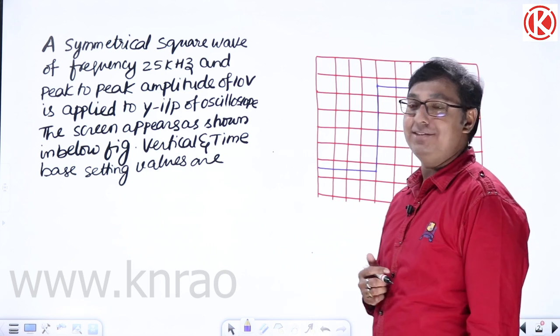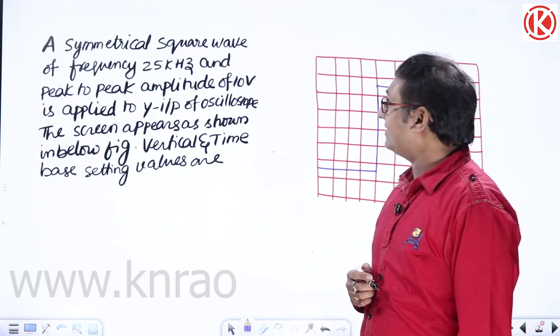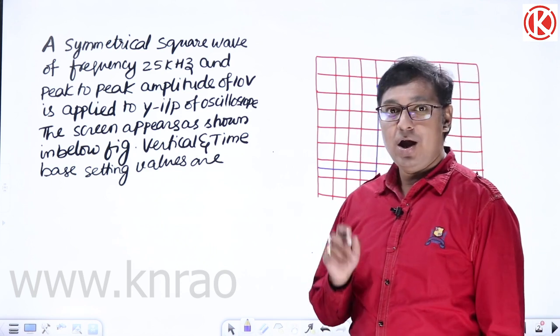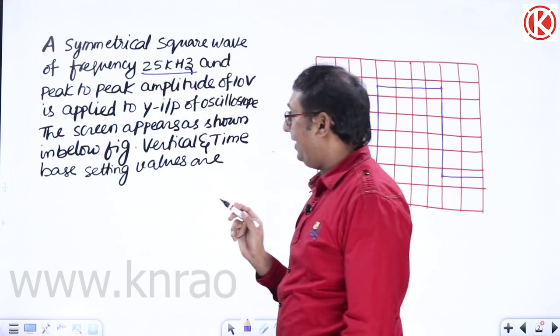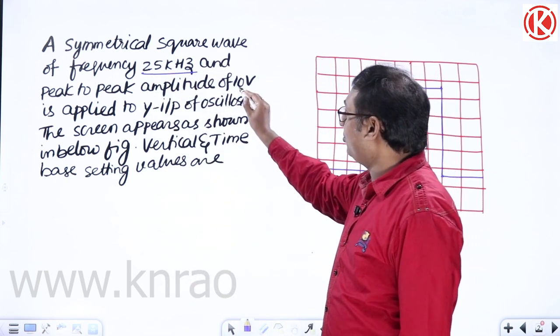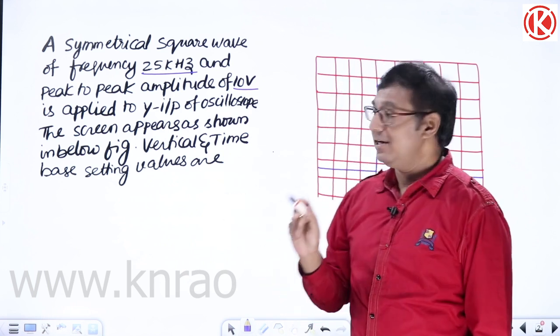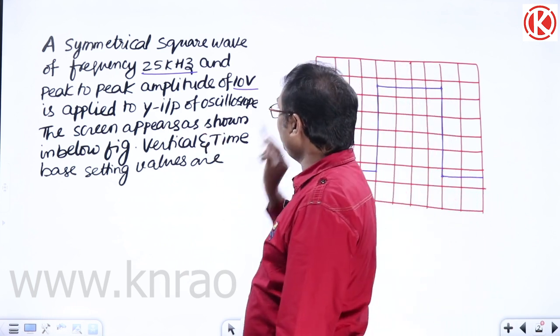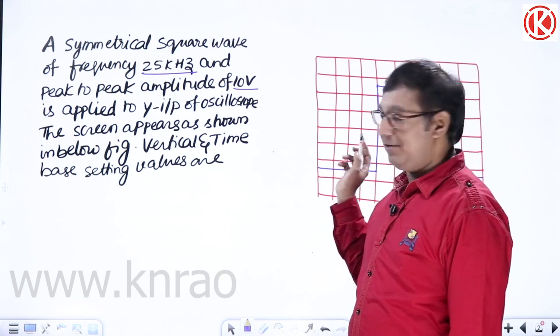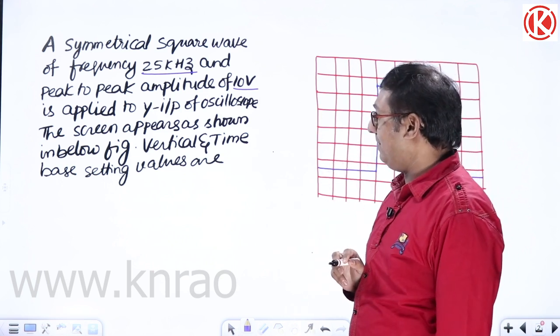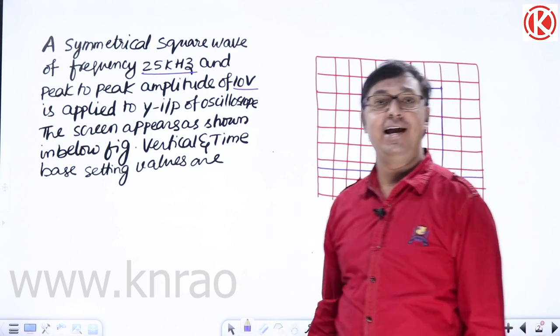Next interesting question. Have a look at the data, please. A symmetrical square wave of frequency 25 kHz and peak to peak amplitude of 10 volts is applied to the Y input of an oscilloscope. The screen appears as shown in the figure. Vertical and time base setting values are respectively dash.